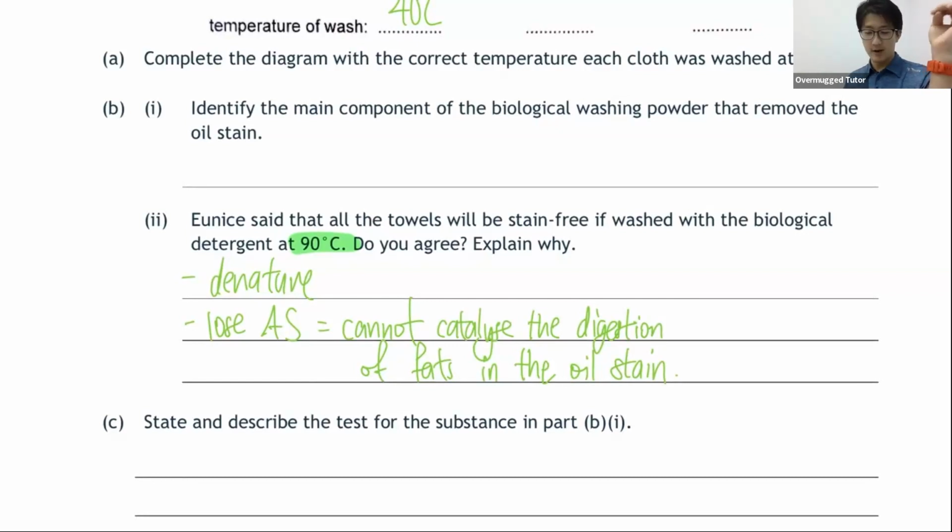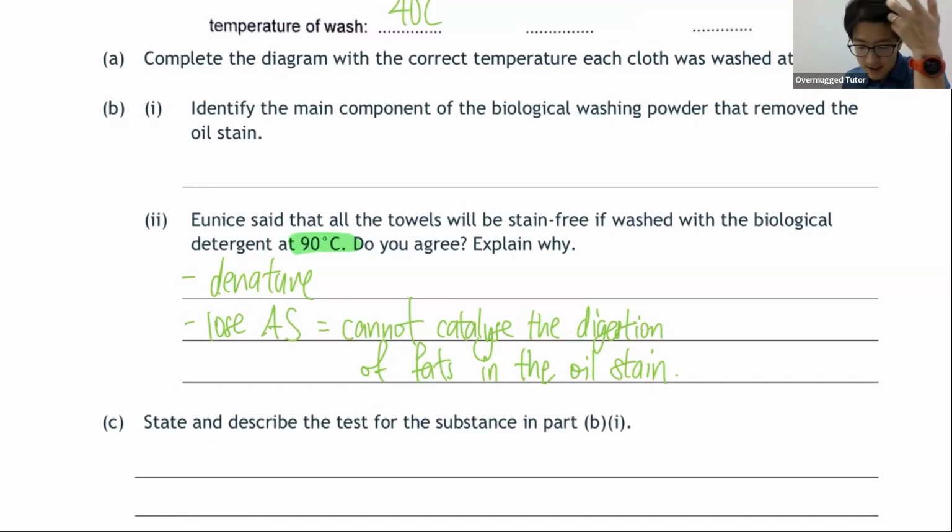Chanel, what do you think? Are we looking at the ethanol emulsion test here? Why not? Ethanol emulsion test, not test for ethanol. Ethanol emulsion test is test for what? Yes. Chanel, we talked about it just now.